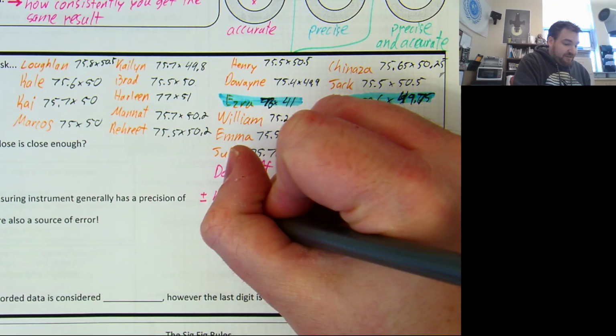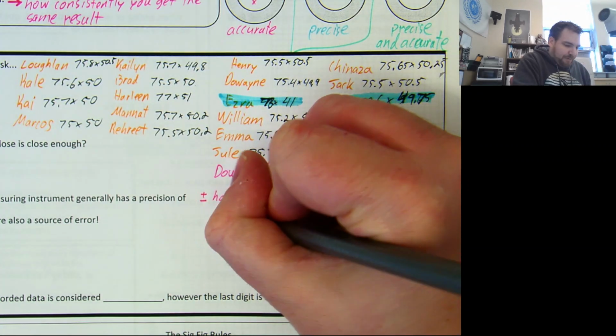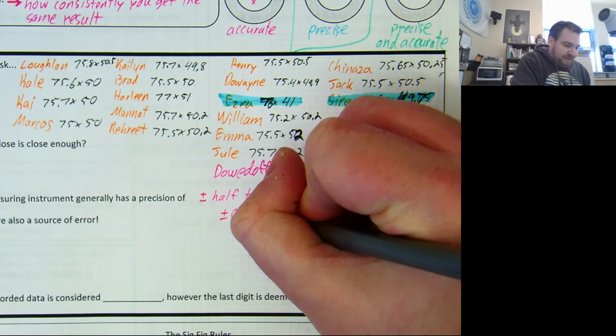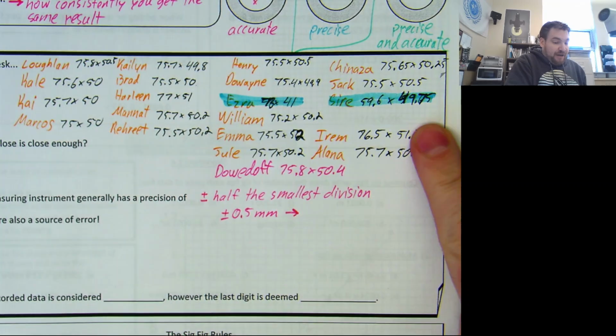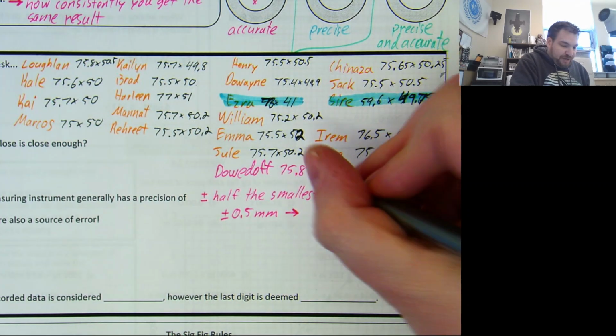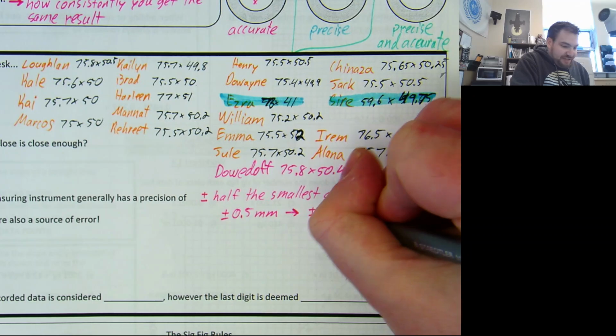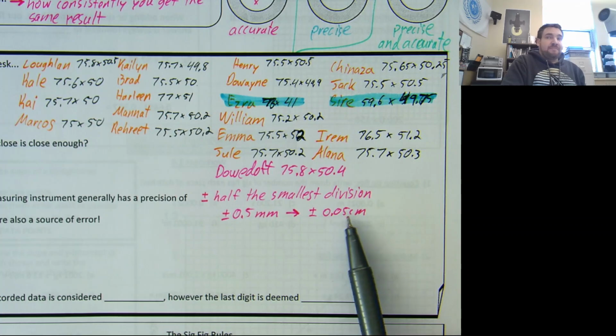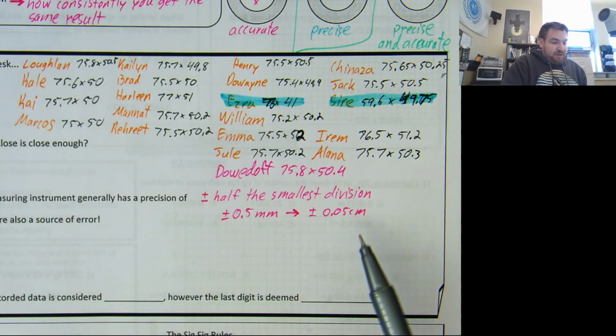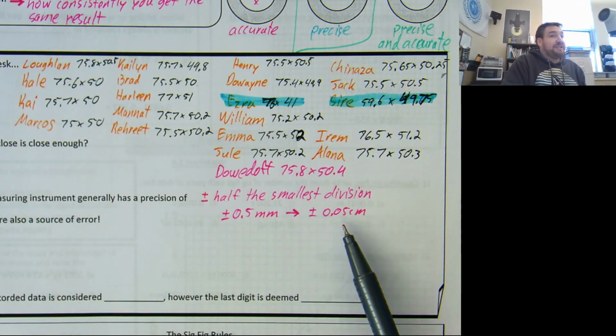In what we were doing here, it would be plus or minus 0.5 millimeters. Because all of you gave me your values in centimeters, that converts to plus or minus 0.05 centimeters. So actually, all of you could have reasonably quoted to 2 decimal places.